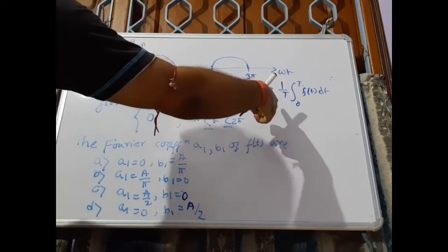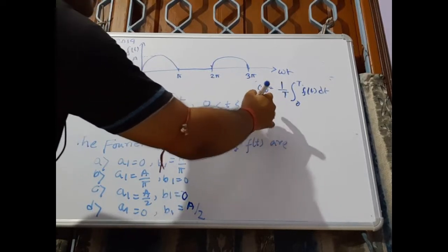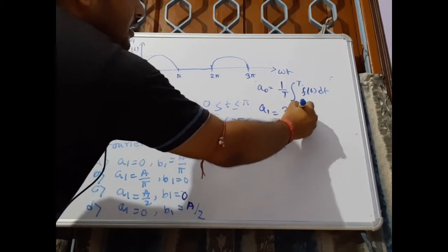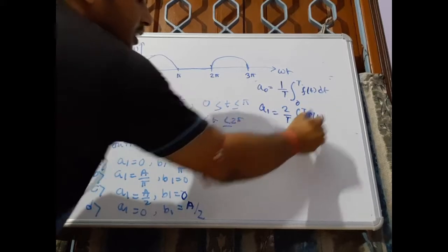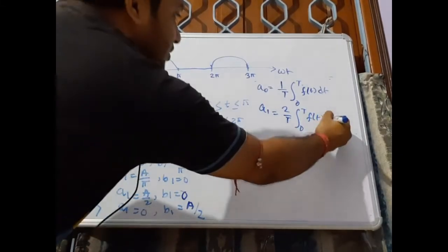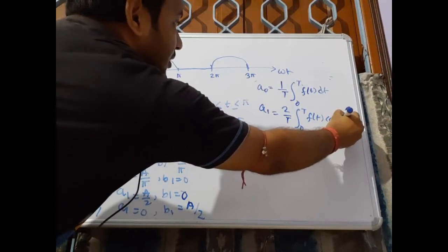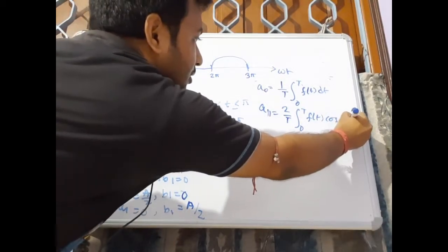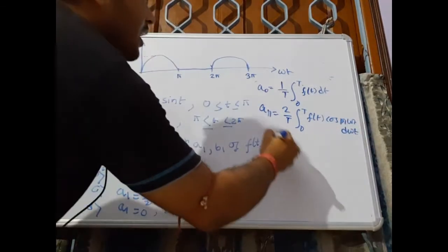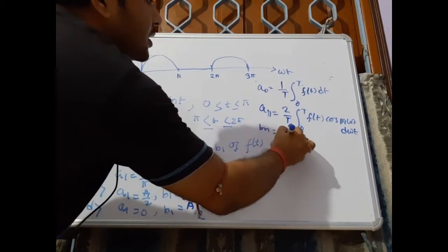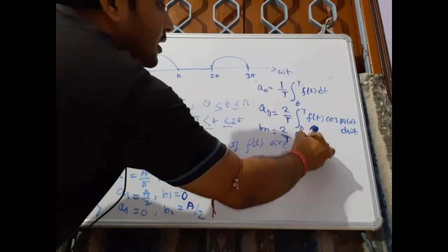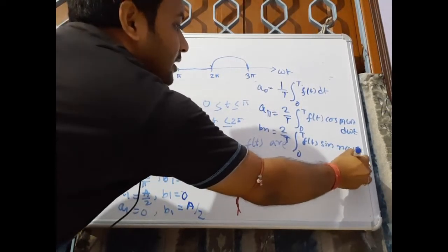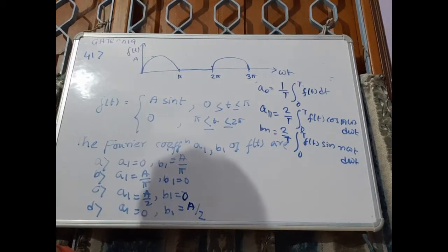T is the time period of the signal f(t), and an equals 2 by T integration from 0 to T of f(t) cos of n omega t d omega t, and bn equals 2 by T integration from 0 to T of f(t) sine of n omega t d omega t, right?